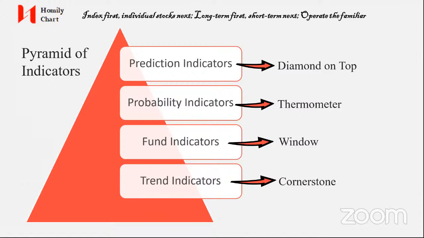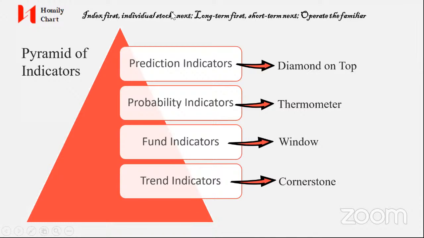The emotion is very, let's say, frustrated, right? And then by checking the probability indicators, we can know the temperature of the market. It's overbought or it's oversold. It's overheated or not, okay?